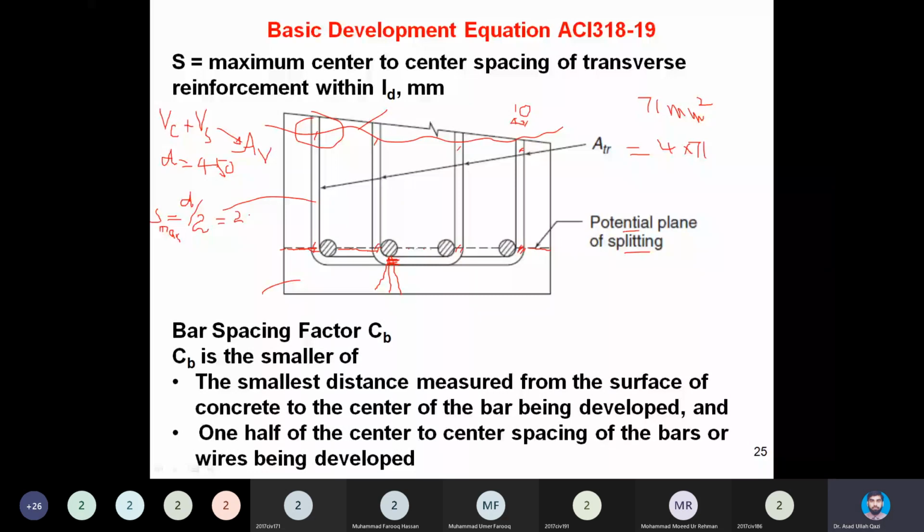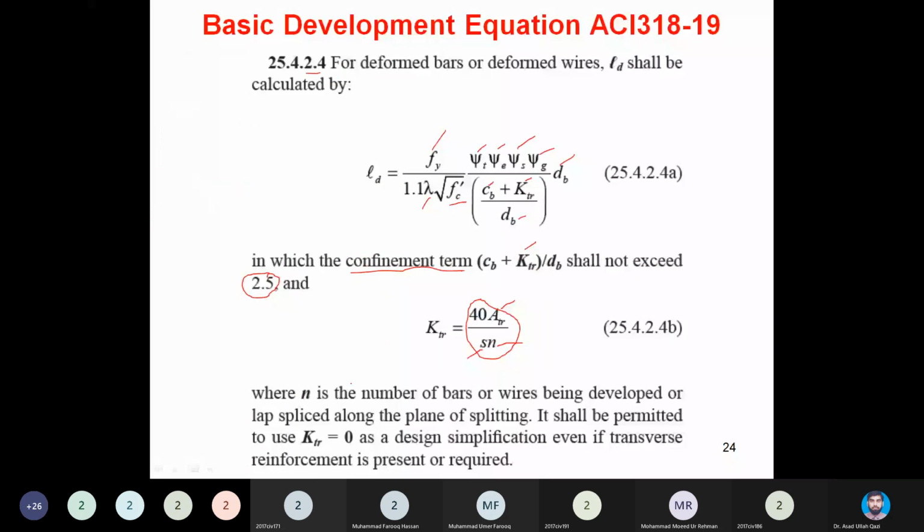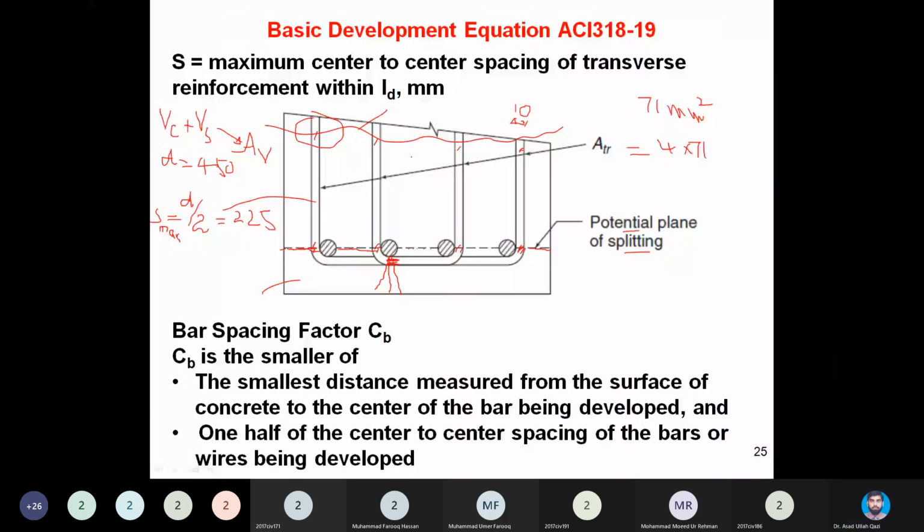If you have the actual design and you know that in this portion it is close to support and the spacing of the tie is 100 millimeter or 90 millimeter or 150 millimeter, accordingly you can select S. Then comes the other factor N, which is the number of bars. Number of bars means that in this sketch, if I assume that I am investigating 2 bars and for both bars I am determining the development length, it means my N will then be 2.